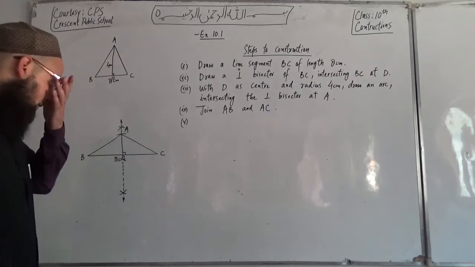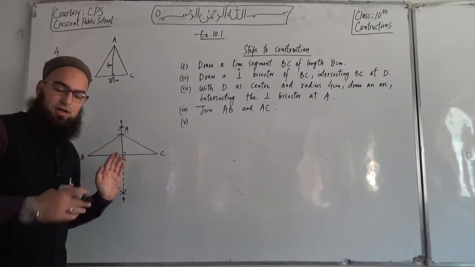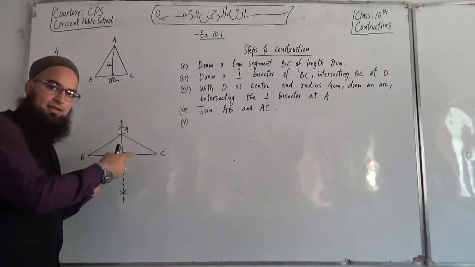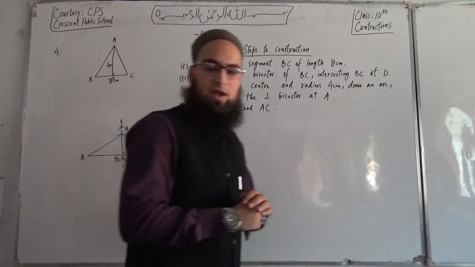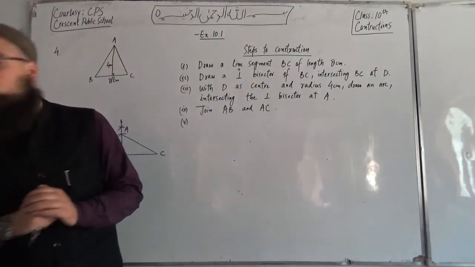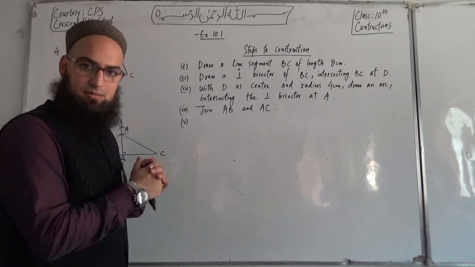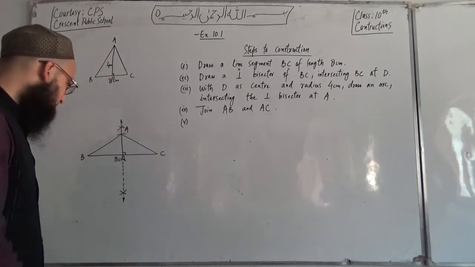Now the next step. Now we need to construct another triangle which is similar to this triangle, such that their sides are in the ratio 1 by 2. 1 by 2 means it's in the mixed fraction, that is 3 by 2.